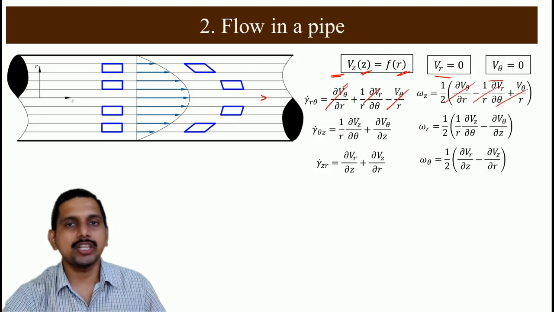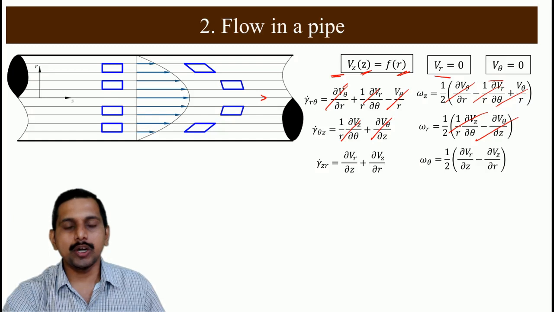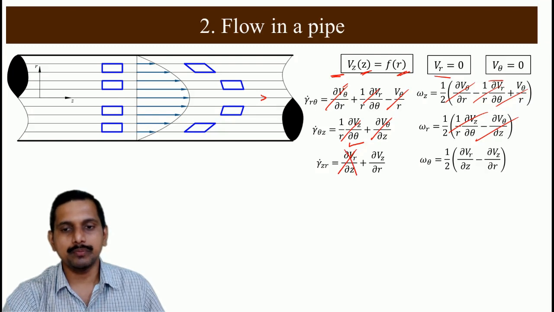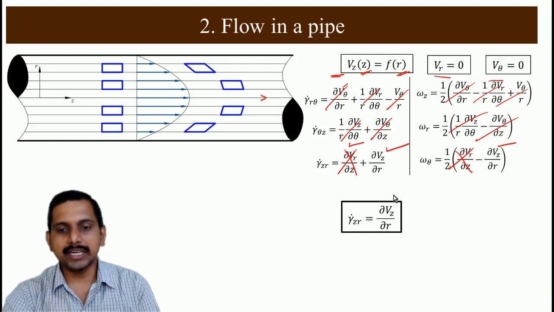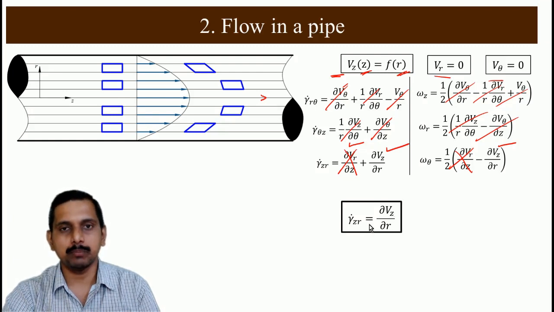Now dou Vz by dou theta, there is nothing because Vz is not a function of theta, so it goes off. dou V theta by dou z gone, so this also goes off. Now dou Vr by dou z is also going to 0. What is important is only this, so at the end what we get is gamma zr is equal to dou Vz by dou r. This is the component which remains.